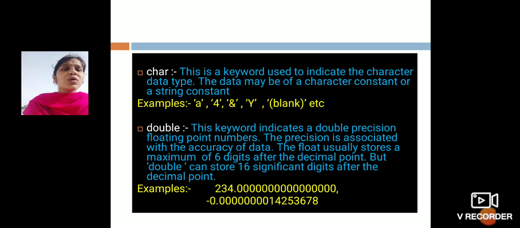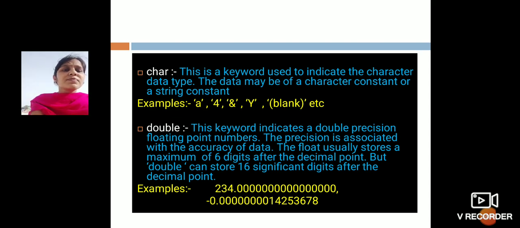It is just similar to a float, but a maximum of 6 decimal digits can be stored in the float, whereas double can store more than 6 digits after the decimal point. That is why we use double instead of float, and double can store 16 significant digits after the decimal point.